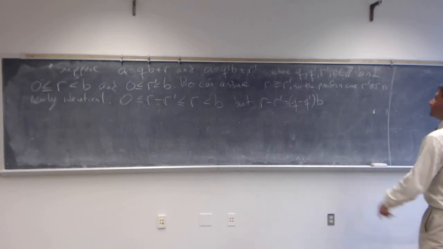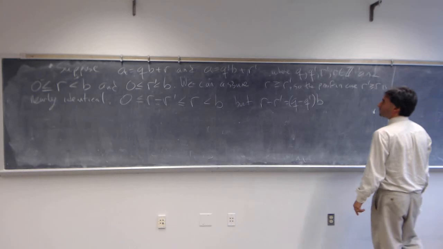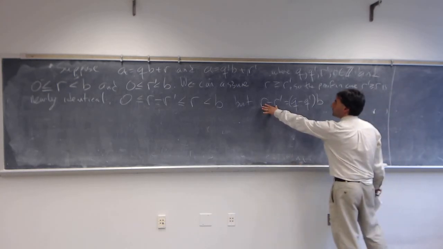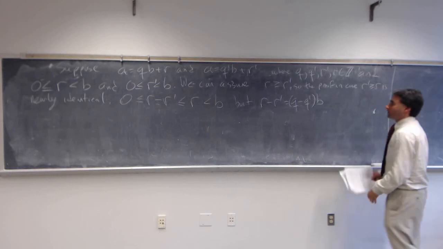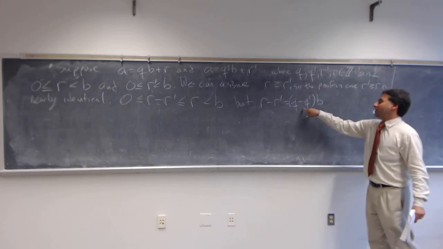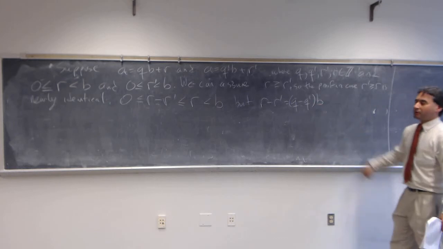So what does this tell us? Well, this is less than B, but yet we have it's equal to an integer times B.